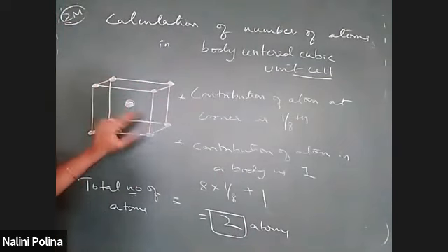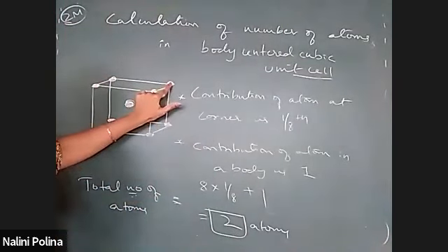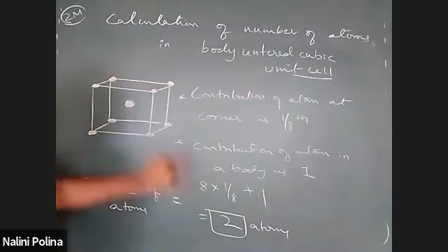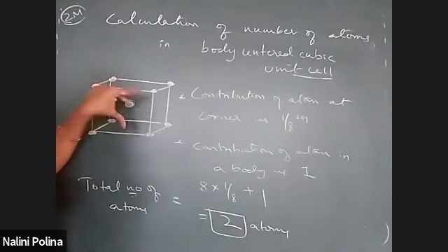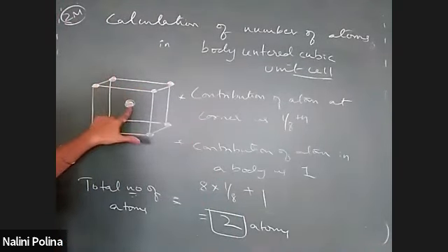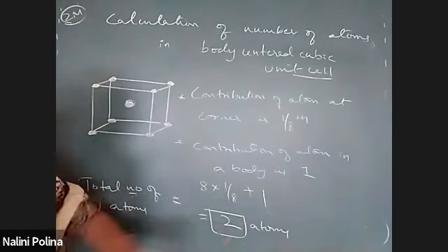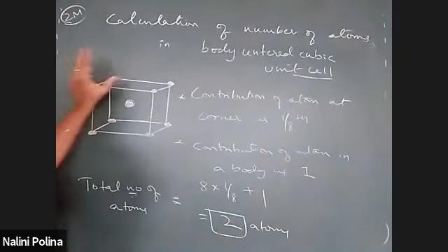It's like 8 plus 1, 9 are visible, but no, right? Each corner atom only 1/8 belongs to this unit cell. Okay, 8 corners, so 8 into 1/8, and the complete atom in the body belongs to this unit cell only, right? So this is 1 plus 1, altogether 2. So completely number of atoms that belongs to body centered cubic unit cell is 2.